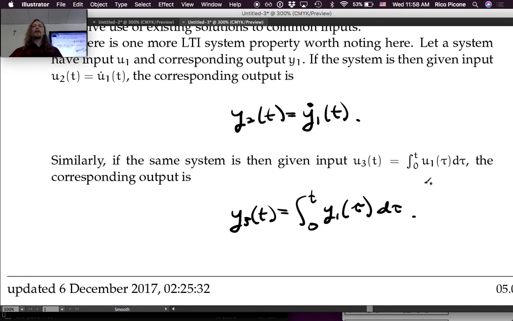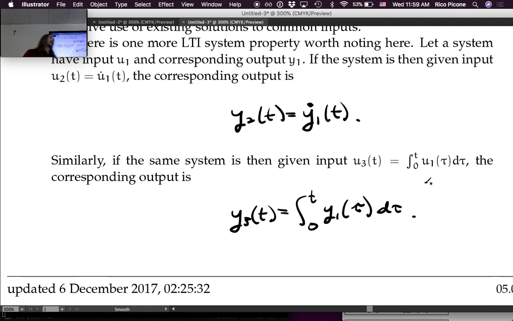And we're using tau here, not to mean time constant, but to just be a dummy variable for integration, right? Okay. That's it. So if you integrate the input, you integrate the output.